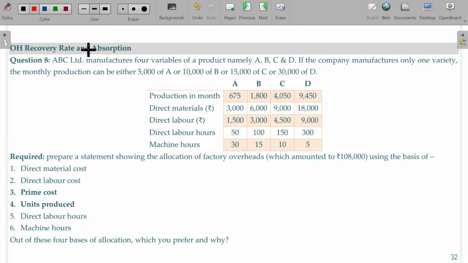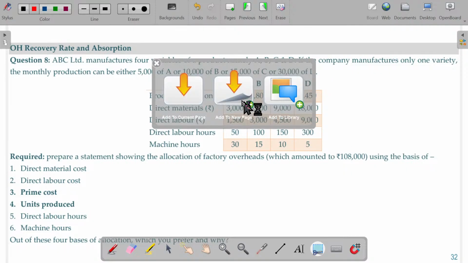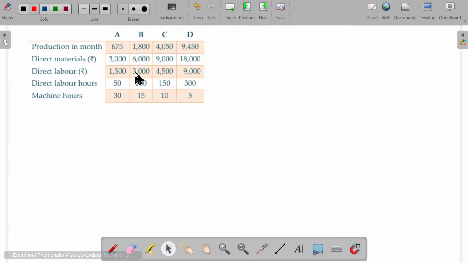ABC Limited manufactures 4 varieties of product, namely A, B, C and D. If the company manufactures only one variety, the monthly production can either be 5,000 of A, 10,000 of B, 15,000 of C and 30,000 of D. I will explain this output based calculation finally. Let me finish up with the other models first of all. Right.